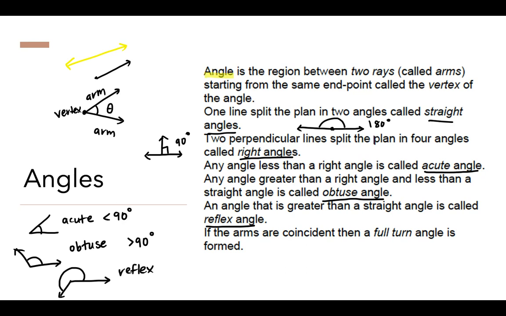And lastly, we have something called a full turn angle, which means you are coming back to your initial arm, all the way around and back. That is a full turn, so it must be 360 degrees.